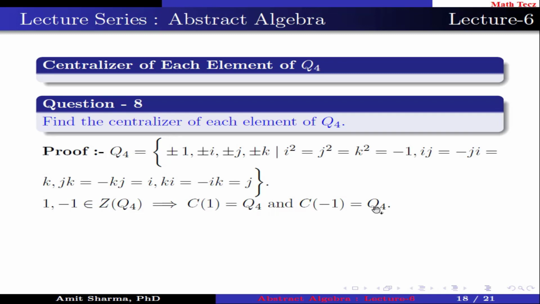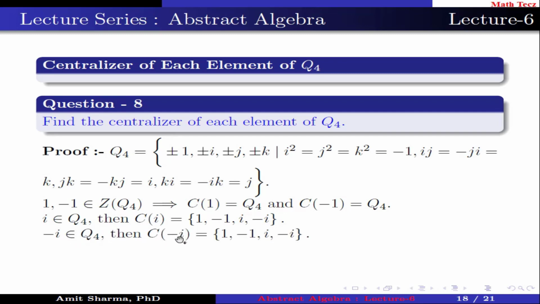i belongs to Q4, then the centralizer of i is {1, minus 1, i, minus i}, because these elements commute with i. Minus i belongs to Q4, then the centralizer of minus i is {1, minus 1, i, minus i}. Why is it so?